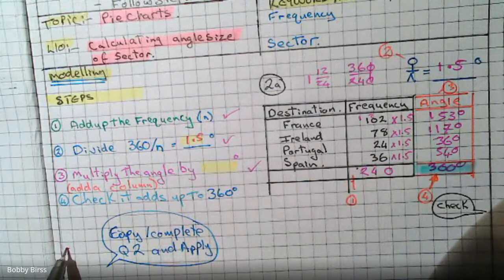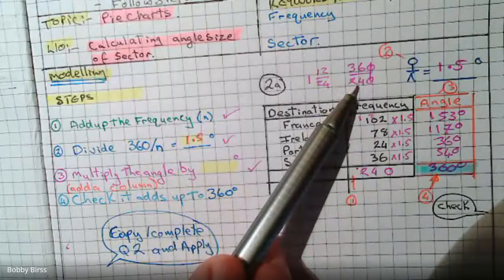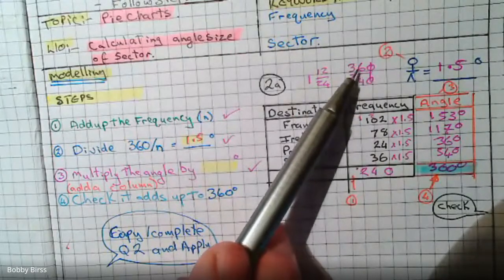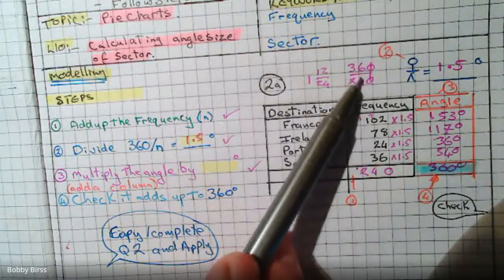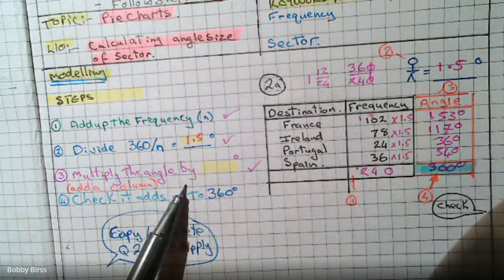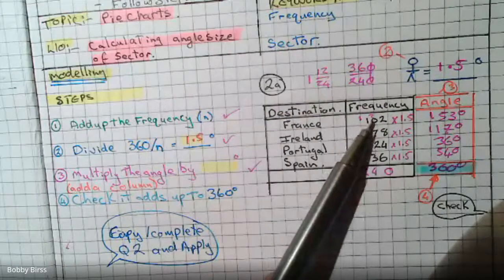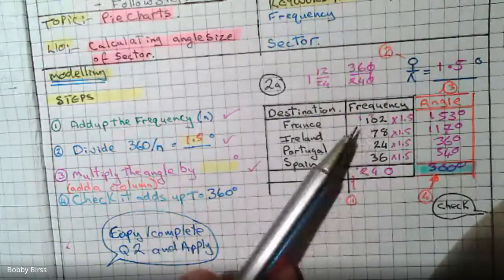My circle's made up of 360 degrees, and that's why I've got to find out how many degrees each person gets. So I share the 360 degrees with the 240 people inside, and 360 divided by 240 gives me 1.5. So every person fills up a 1.5 degree slot inside the circle.